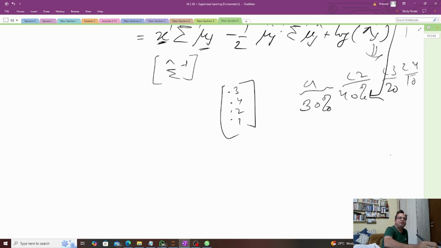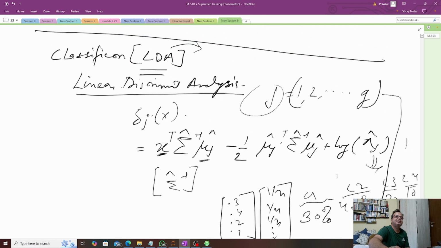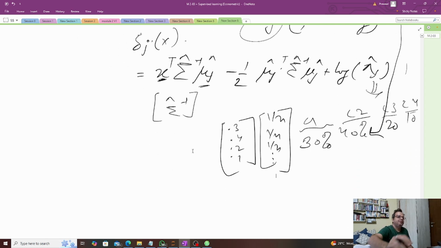If this is not known earlier, then we can just take them all as 1 upon n. So that's the pi j. T stands for the transpose of your matrices, and that's how LDF works. So don't get scared with this equation, because nobody is going to ask you to solve this equation. Maybe if they want to make this more difficult, they'll just ask, what is the formula? They'll give you 4 options, whether this is this or this is not this.